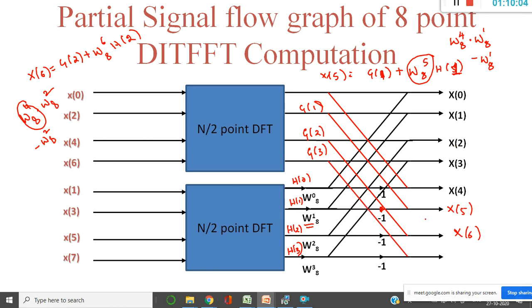Similarly, the x of 7 value is going to be calculated as g of 3 into minus w8 to the power of 3 into h of 3. So this is what we call a signal flow graph for 8-point DFT.